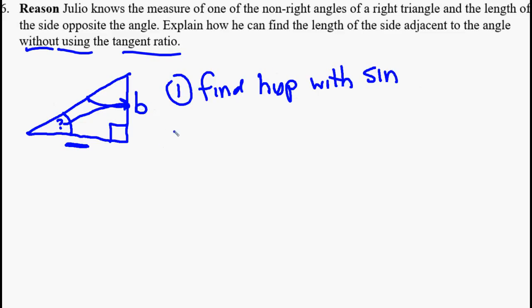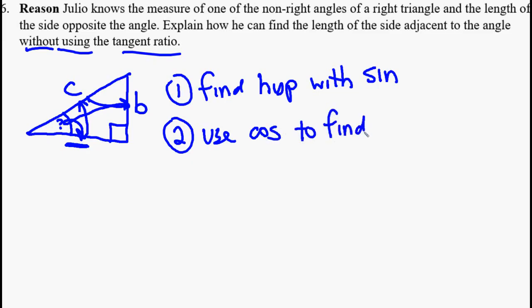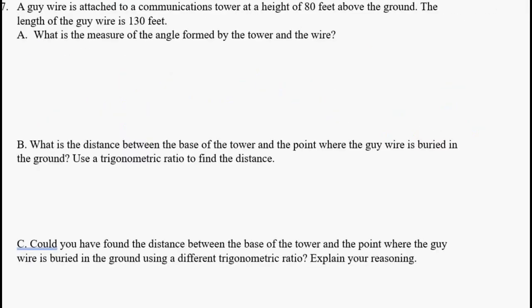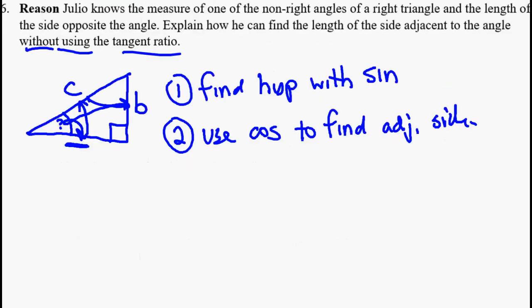And then step 2, now that we have the hypotenuse, let's call it C. If we're at angle question mark, we want the adjacent side, and we now have the hypotenuse. So now we can use cos to find the adjacent side. There we go. Hold on. Oh, that was a 6.